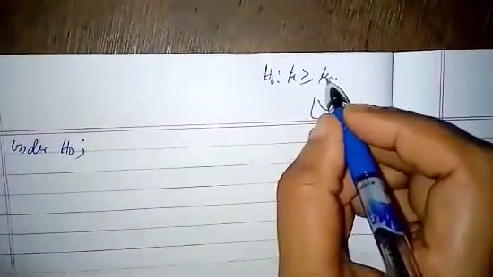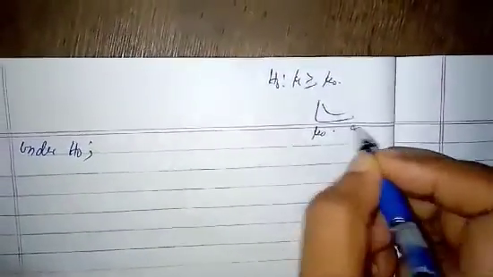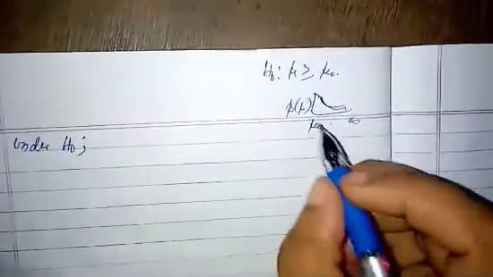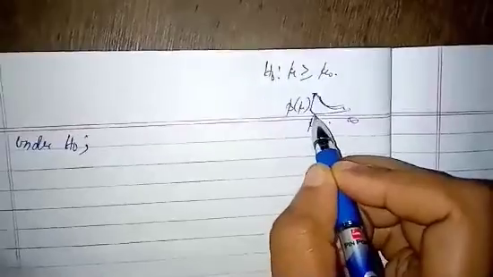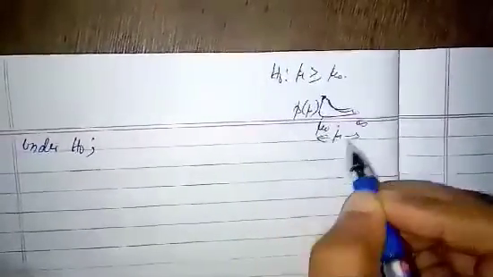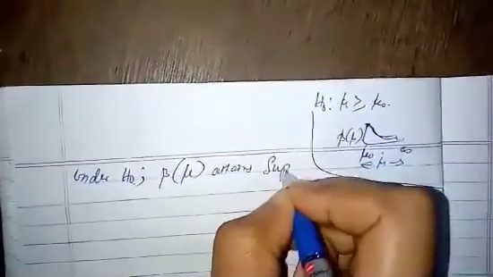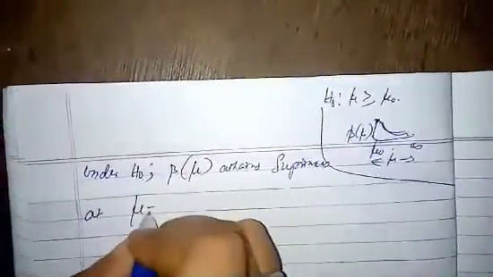Here the range is from mu naught to infinity. So beta of mu attains maximum when mu equals mu naught. So here under H naught, beta of mu attains supremum at mu equal to mu naught.